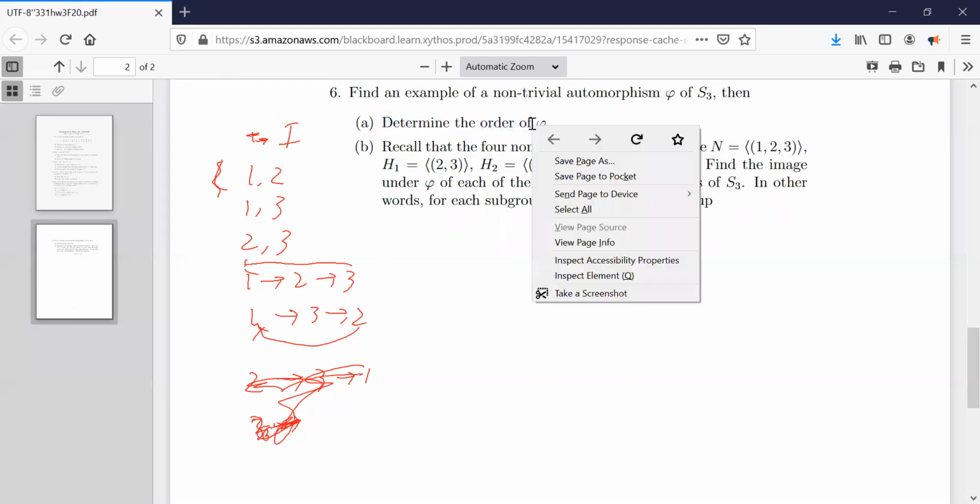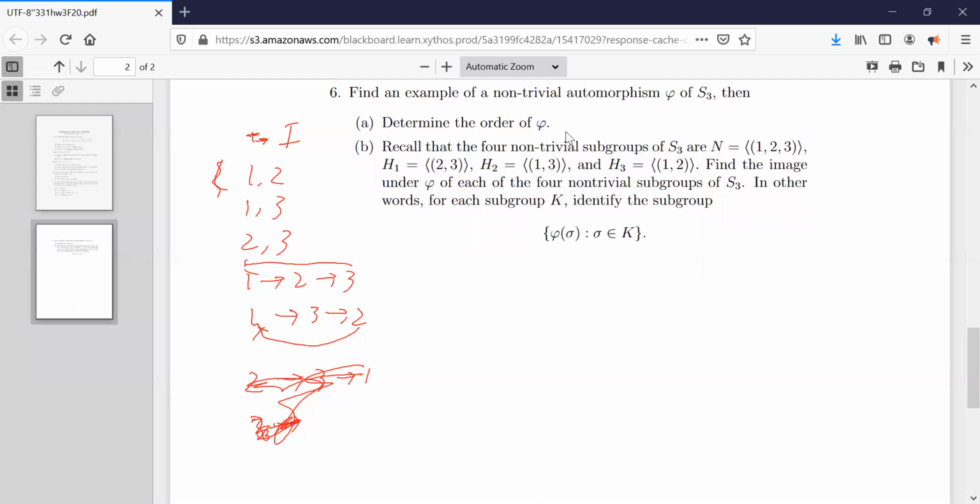But the cardinality of phi, that would make sense as an example of the order of it. In which case, this guy, if you were to do phi of phi, you would get back to your original set. So this would be of order 2 versus one of these guys, it would be of order 3. Does that make sense? Do people see when I pull up the chat box?